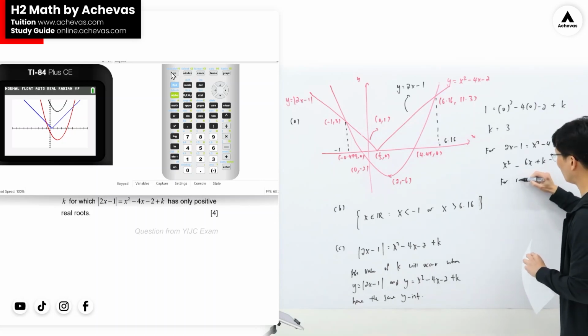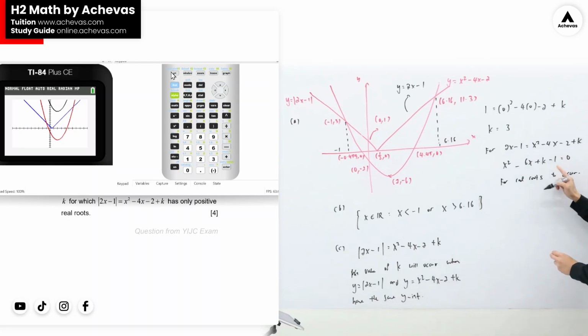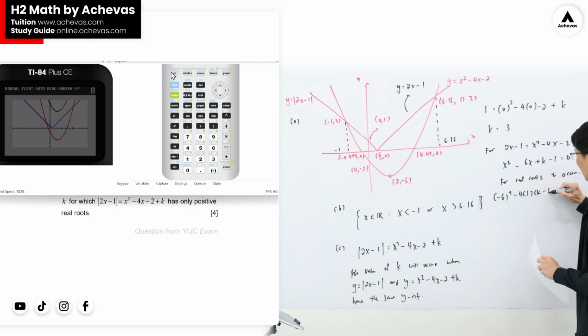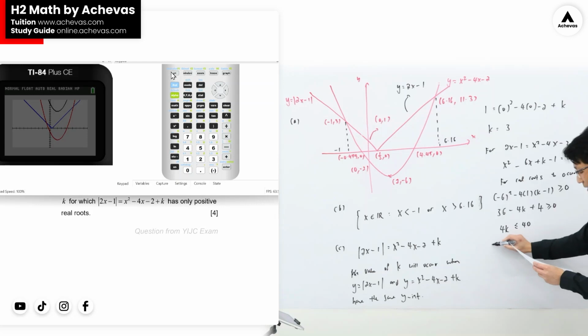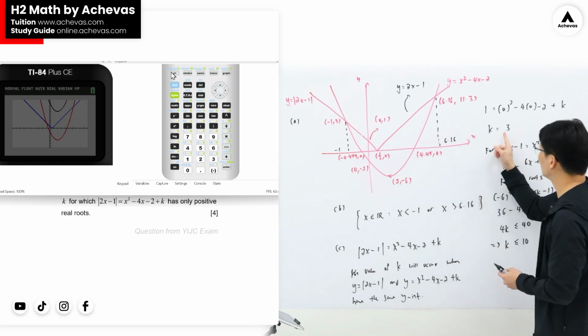And therefore, for real roots to occur, the discriminant, which is minus 6 squared minus 4ac, must be greater or equal to 0. And from here, if we were to simplify, we have 36 minus 4k plus 4 greater or equal to 0, which implies that 4k lesser or equal to 40, therefore k will be lesser or equal to 10.